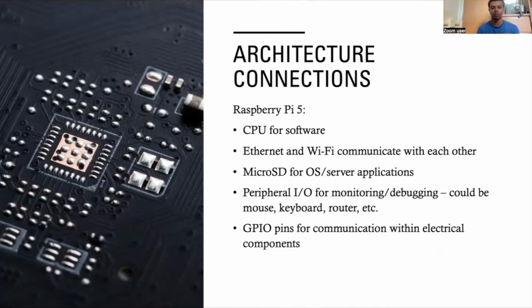This could be the mouse, the keyboard, the router, or any component that you attach to the Raspberry Pi. I have the Raspberry Pi 5, and you also have the GPIO pins for communication with other electrical components.